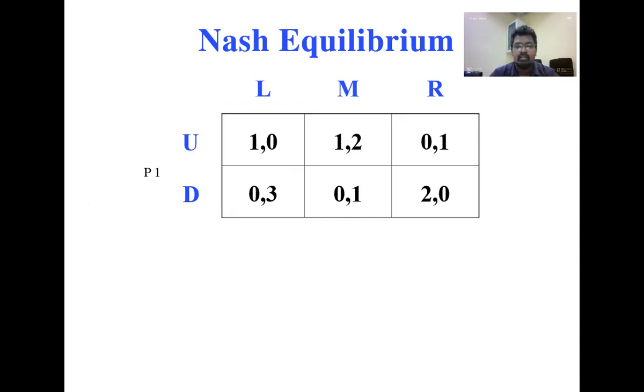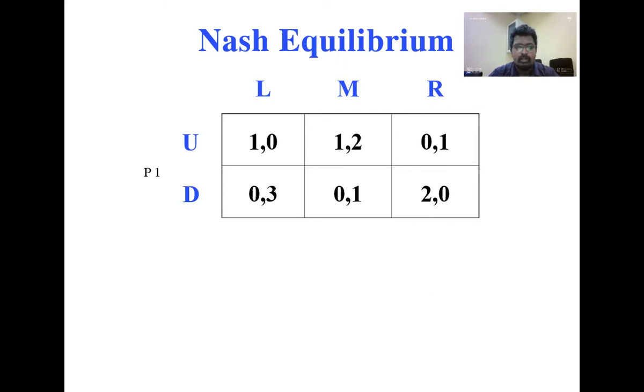We have a 2x3 matrix. Player 1 has 2 decisions, up and down. Player 2 has 3 decisions: left, middle, and right. You can also see the payoffs given accordingly. Now we are going to recognize each of their choices.